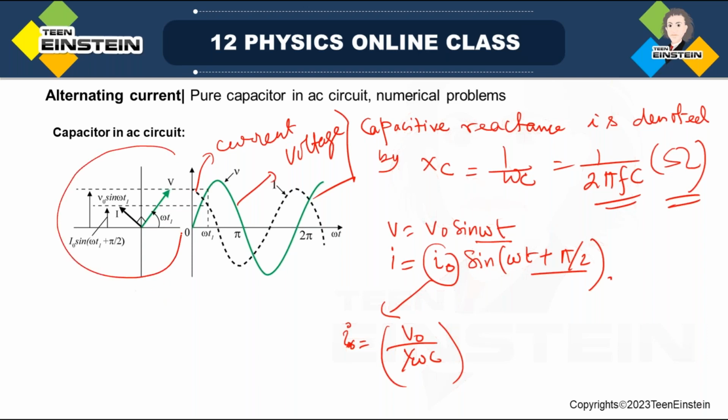This particular part is the phasor diagram. See, this is the current, this is the voltage. Since current is 90 degrees ahead of voltage, this is the figure. So current is 90 degrees or pi by 2 radians ahead of voltage.